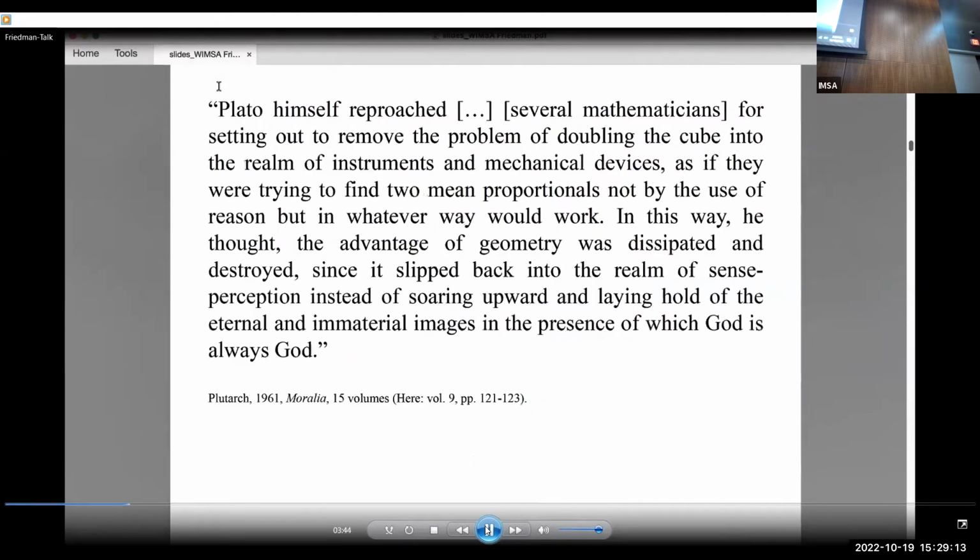Plato himself reproached several mathematicians for setting out to remove the problem of doubling the cube into the realm of instruments and mechanical devices, as if they were trying to find two mean proportionals not by the limit of reason, but in whatever way would work.